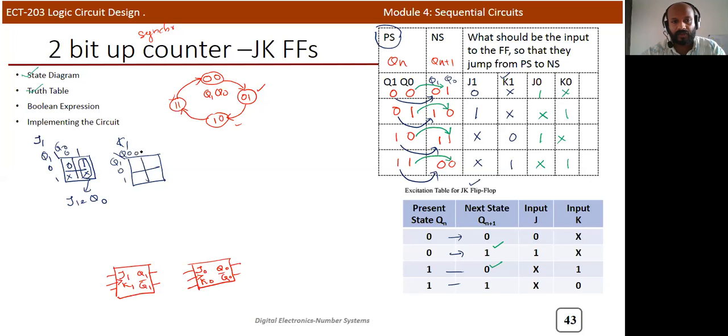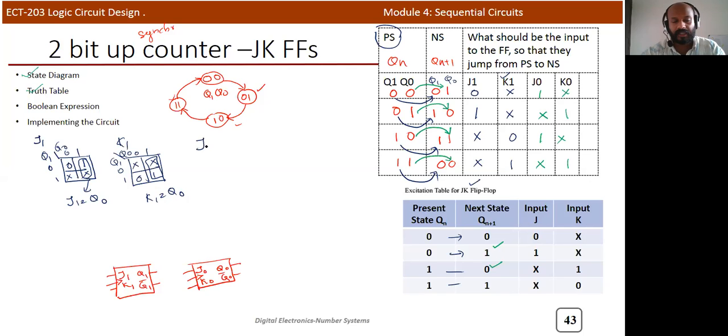K1 is x x 0 1, so again you are getting the same thing. K1 should be equal to Q0.